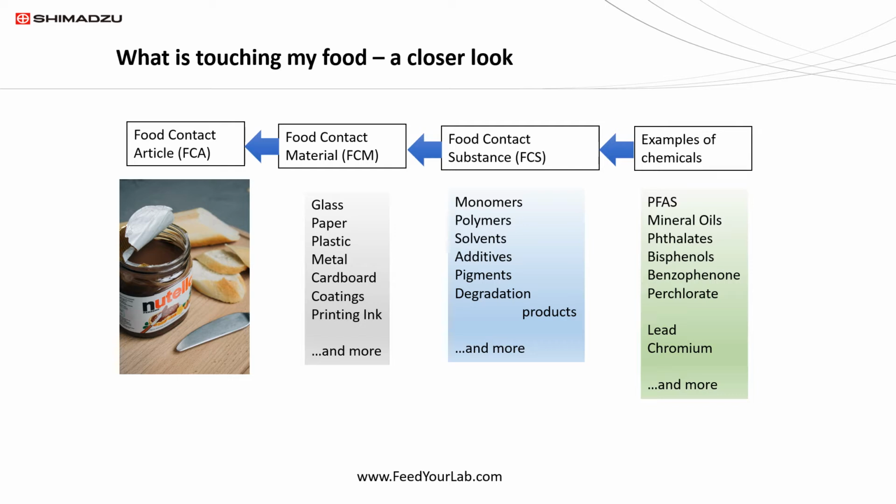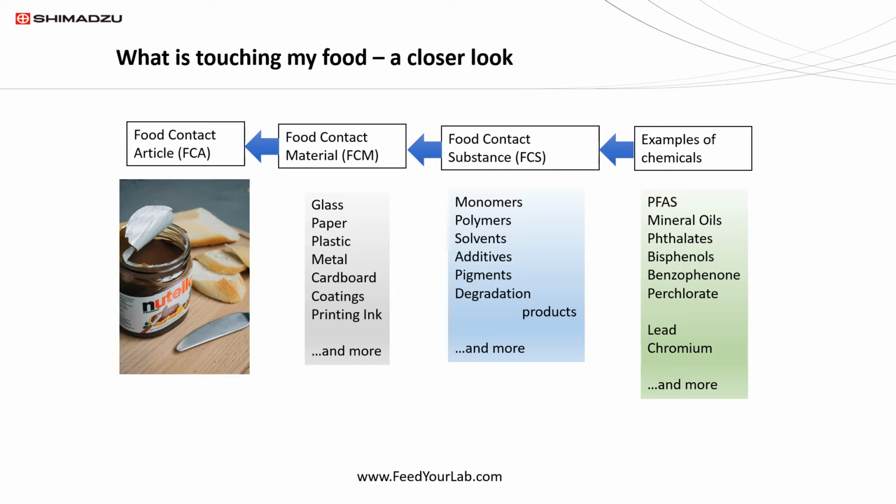So now let's look at a specific example. Starting on the left, we have a jar of Nutella. So that jar is called a food contact article because it is the complete article as you would buy it in the store. Now that food contact article is made up of a number of different food contact materials. In the case of the Nutella, it is a glass jar that has a thin metal foil on top to preserve the freshness, and although it's not shown in the picture, there is actually a plastic lid that goes on top of that.